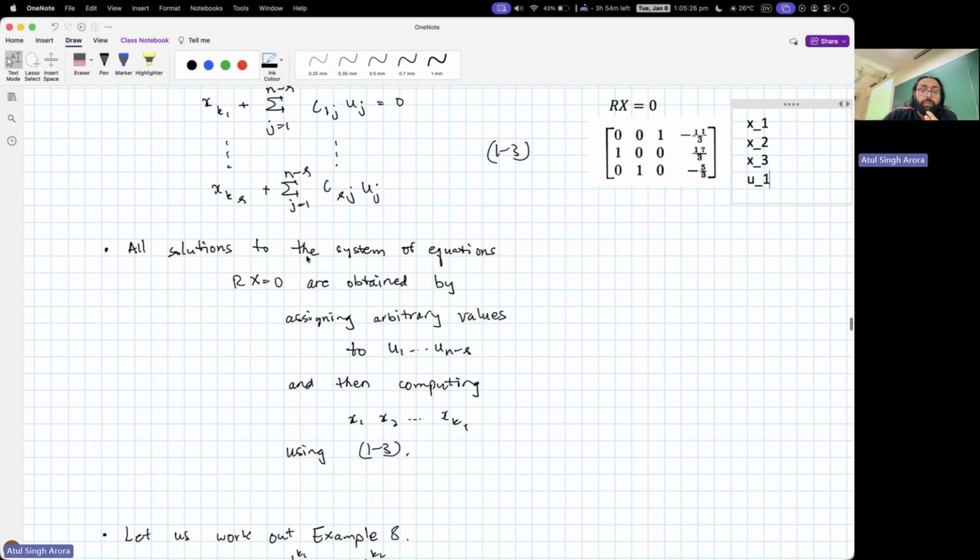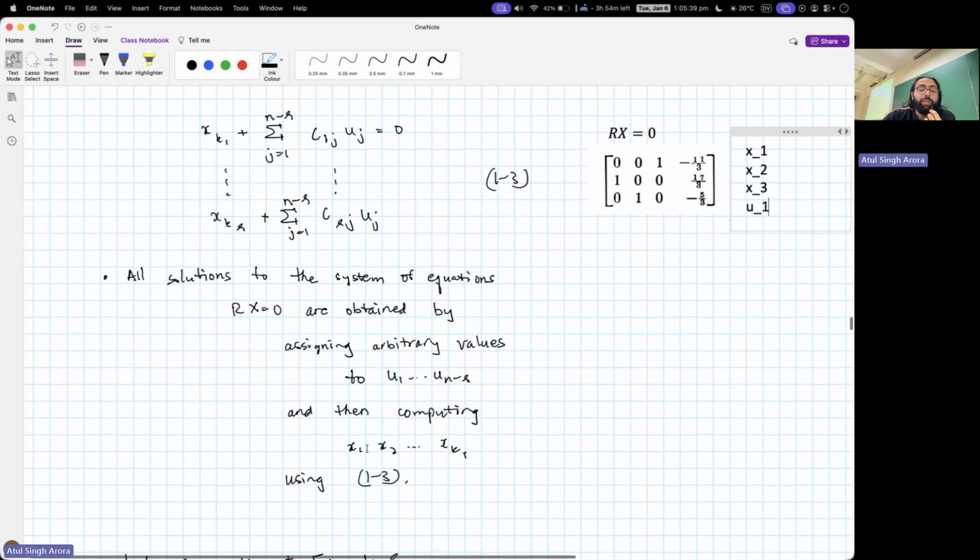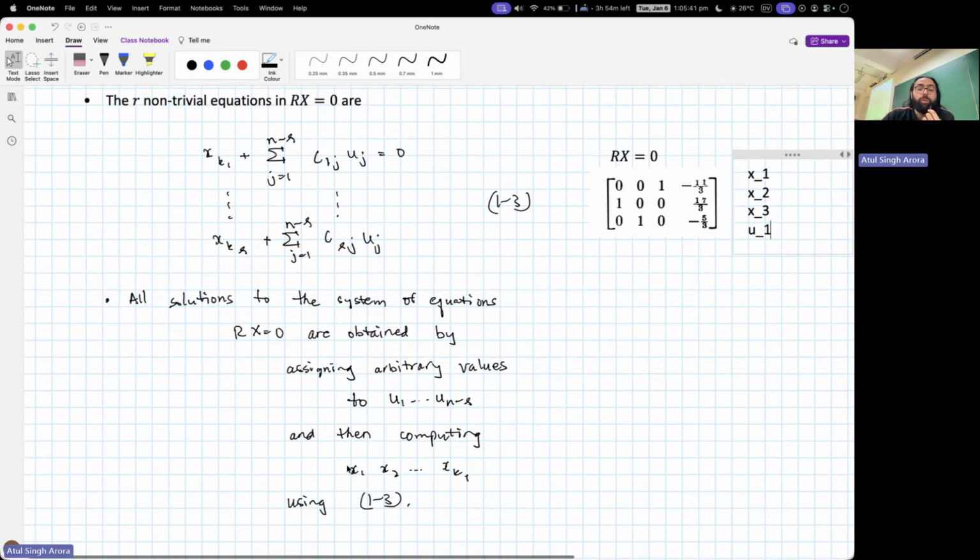All right. And all solutions to the system of equations Rx equal to 0 are obtained by assigning arbitrary values to these u's and then simply computing x1 to xk. Because they should be xk1, xk2, but doesn't matter. Basically, you can choose whatever u's you want, and once they are fixed, they immediately tell you what the x's should be.